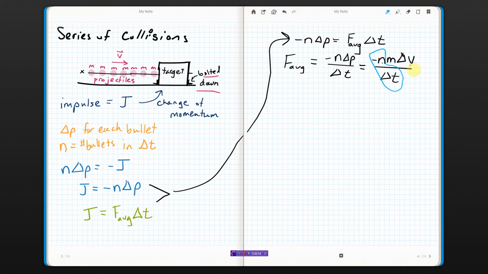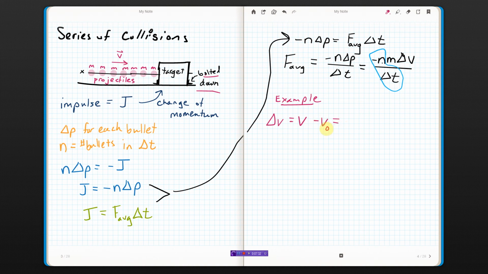And then over here, the change in v depends on what the projectiles did. It's probably going to be given in whatever problem you get. For example, if your projectiles stopped on impact, so they hit it and went thunk and then fell down or something, then delta v would be your final velocity minus your initial velocity.